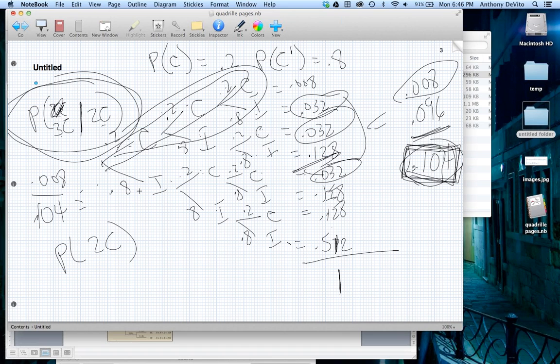0.077. Okay. Now, let's take a close look at this. If I had asked you in the beginning, what's the probability that he got all three right? What would you have said? Now that I've given you the condition that he got at least two of them right, what's the probability now that he got all three right?